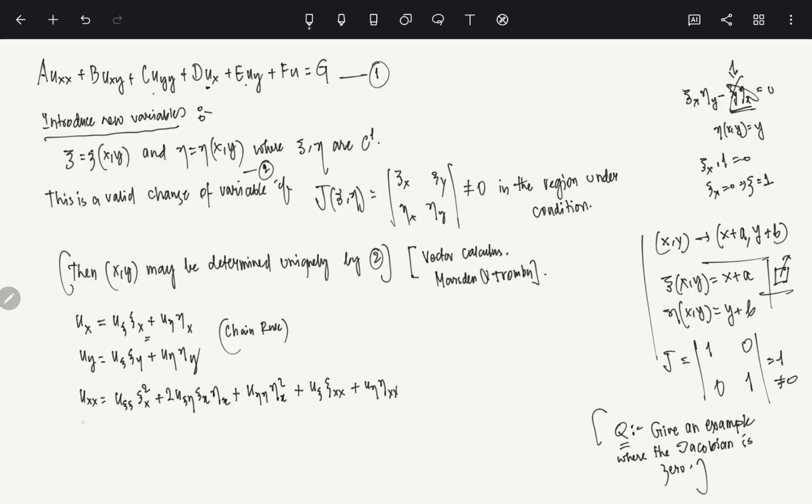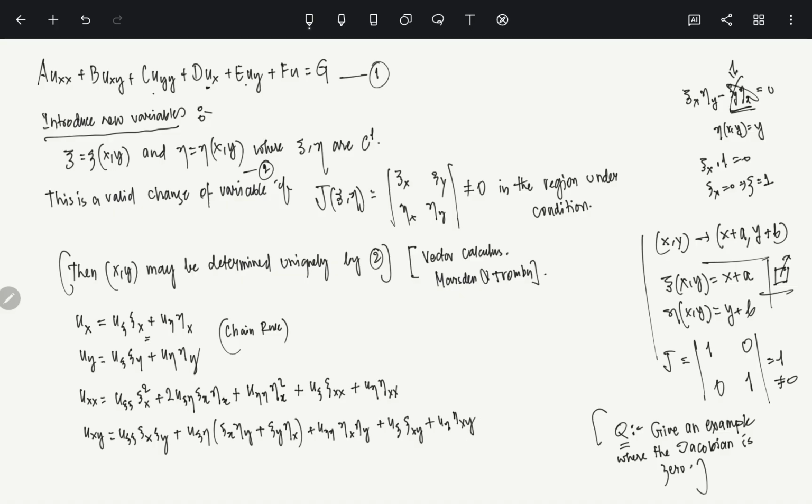Similarly, u of xy can be written like this: u xi xi xi x xi y plus u xi eta times xi x eta y plus xi y eta x, plus u eta eta eta x eta y plus u xi xi xy plus u eta eta xy.